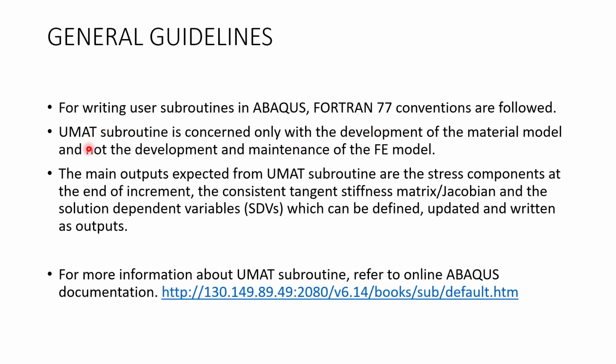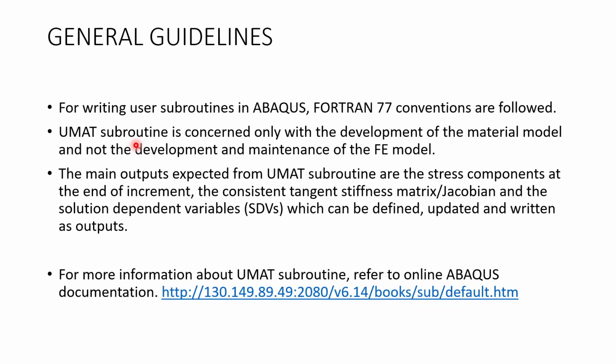One important point about the UMAT subroutine is that we are concerned only with the development of the material model. In the sense that we have some strain input, as we saw earlier, and we need to get a stress output and the tangent stiffness matrix. This is the only objective of UMAT. We are not going into the development and maintenance of the FEA model, as in we are not going to work upon different types of elements or how the stiffness matrix is getting solved.